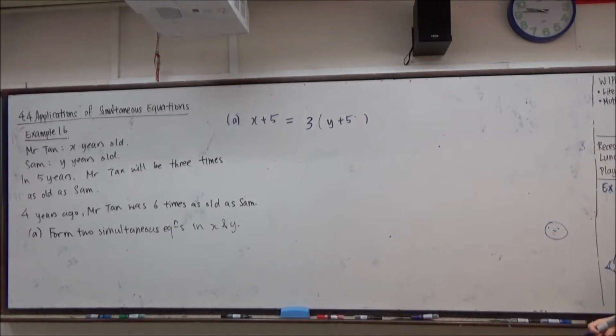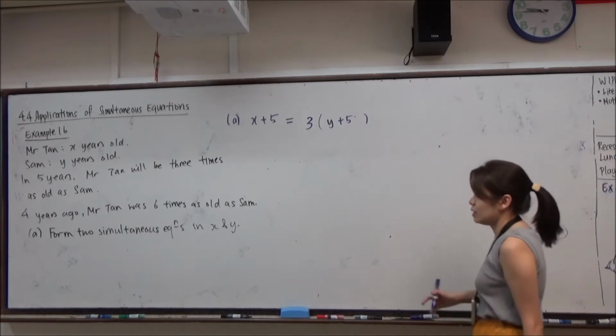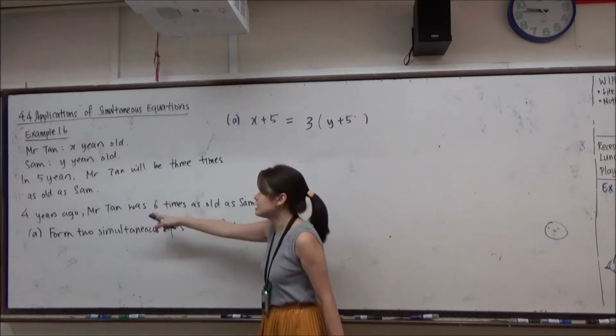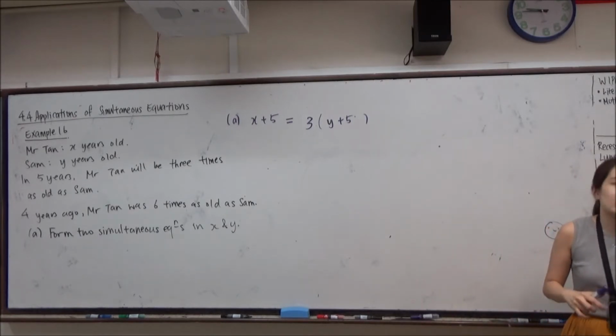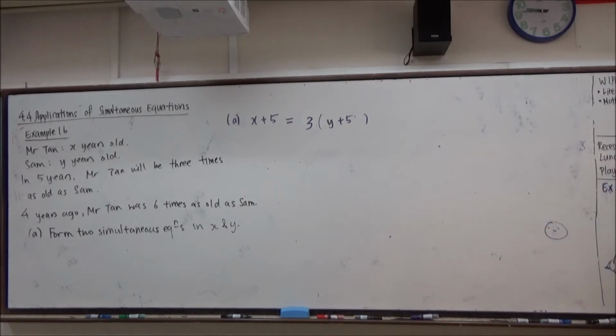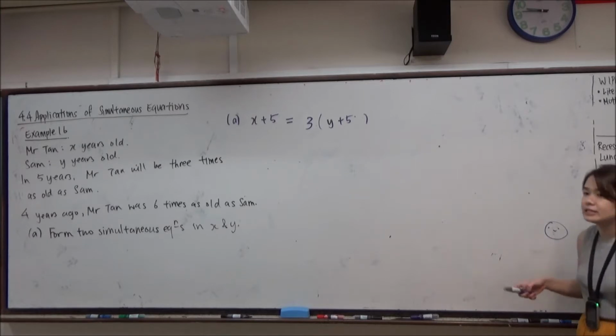Right? Then following from that, we look at the second statement. 4 years ago, Mr. Tan was 6 times as old as Sam. Okay? So how will we be able to form this equation? Ming Zhe, what do you think?